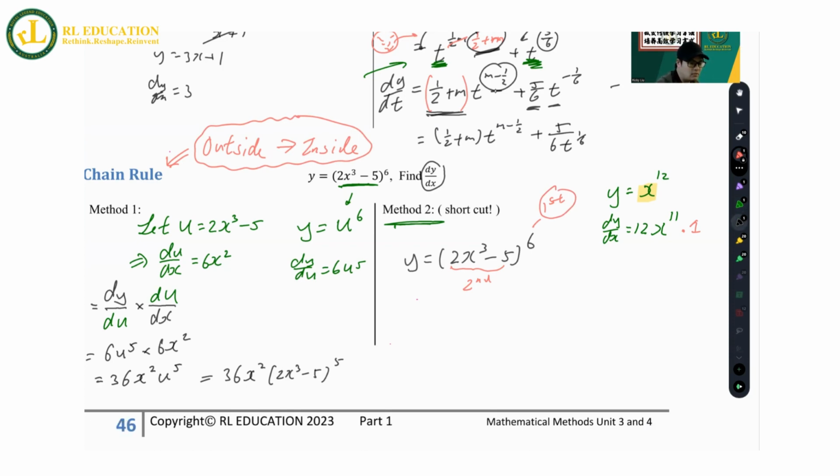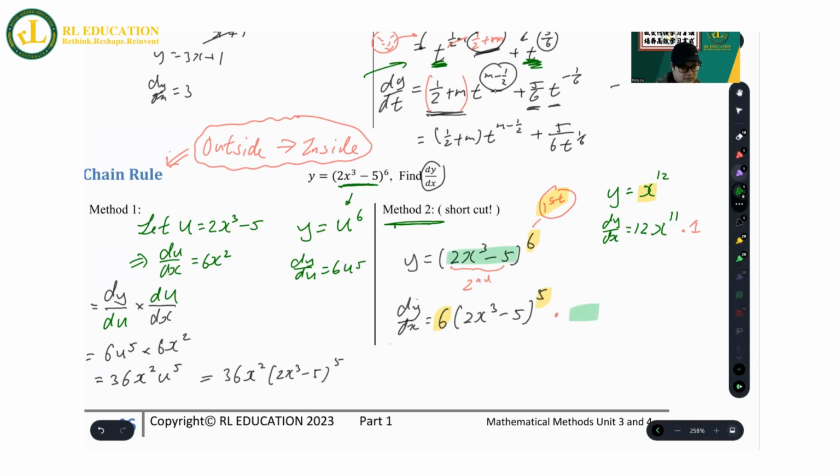This is chain rule. dy over dx is we drop down, copy the base, the power take 1. That's the first layer. I use highlighter to show you: first layer, drop down, copy, power minus 1. And then what happens next is times it by, first layer finished already, the derivative of the second layer.